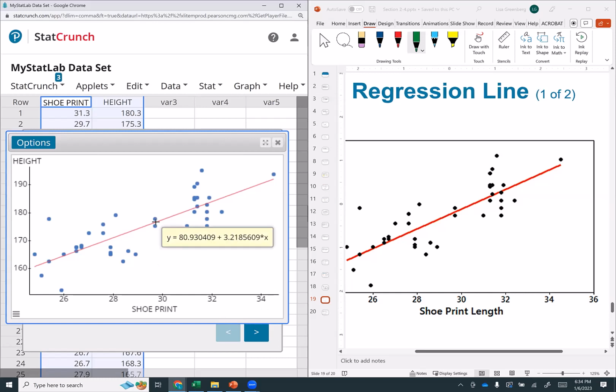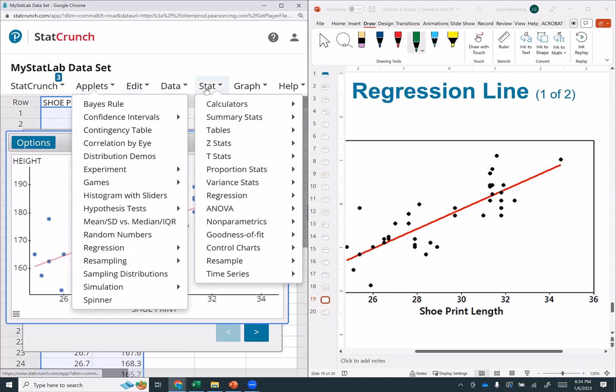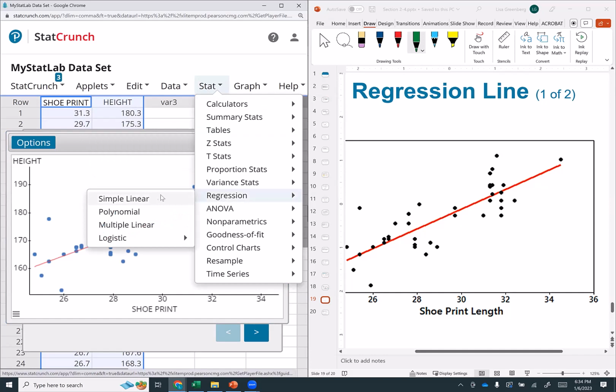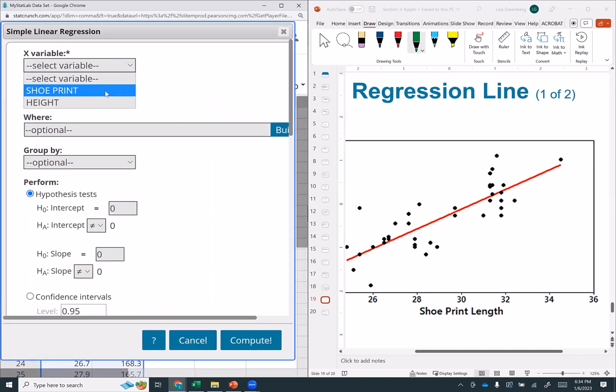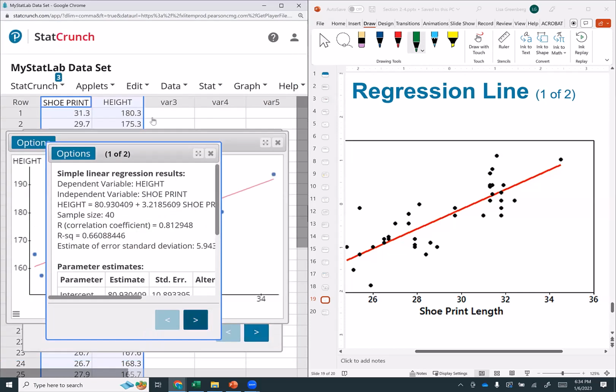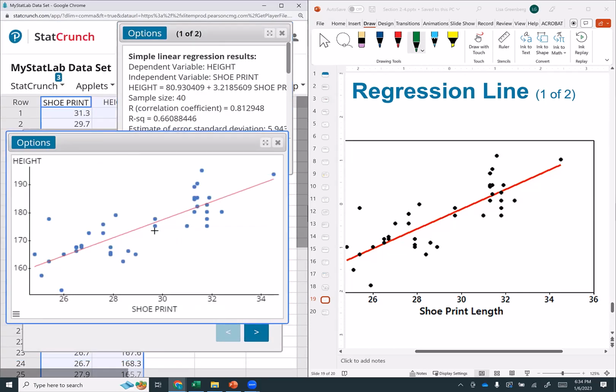If I hover over this line, notice I have an equation. Where does that equation come from? So here's my line with the numbers. And notice those are the same numbers as here's our intercept and here's our slope.